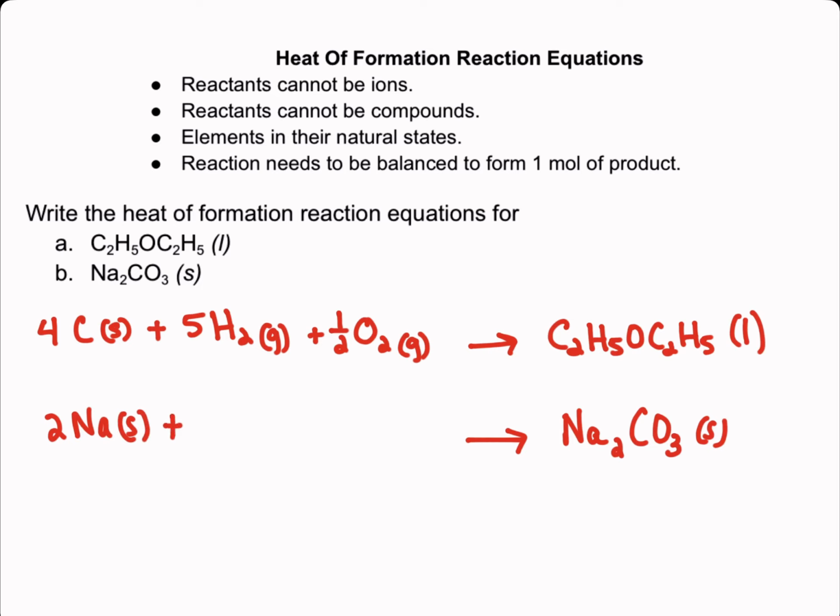I have 1 carbon. I'm going to write that down. And I have 3 oxygens. However, oxygen is diatomic, so I'm going to have to start it off as O2 gas.